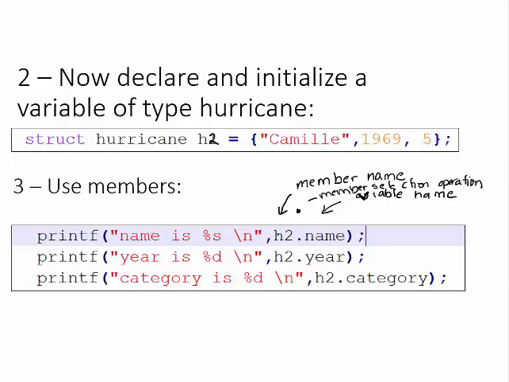The member is H2, and you can do a selection of one of the properties of the member. So it's a member selection operator. That's what the period is. So that's how you access the members or use the members and the different properties, variables associated with them when you're using a structure.